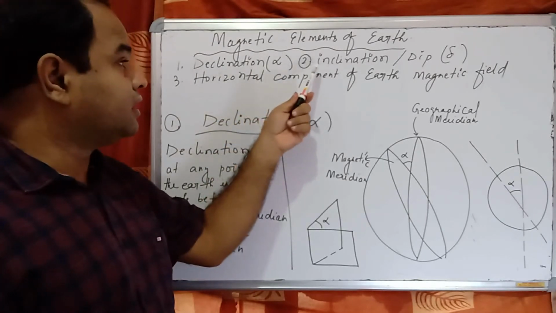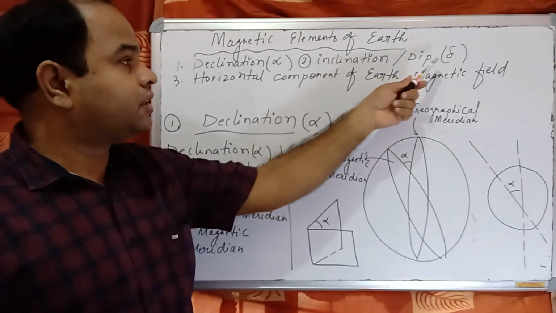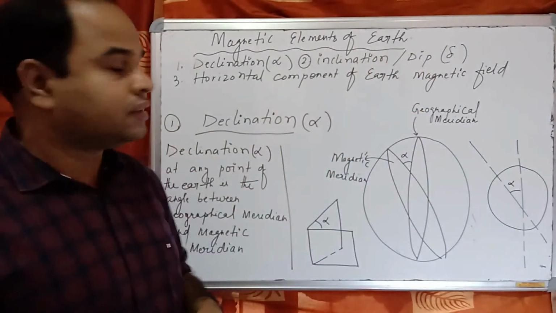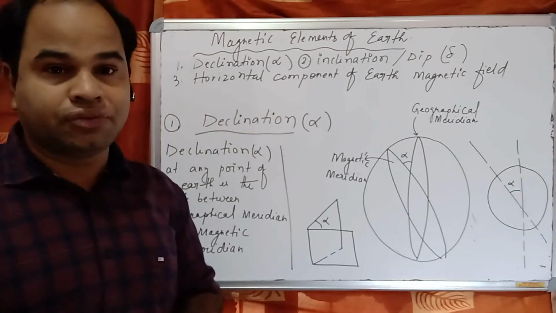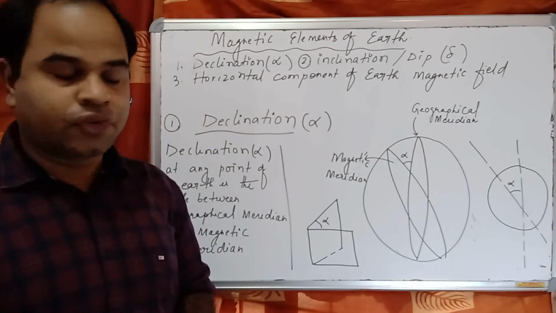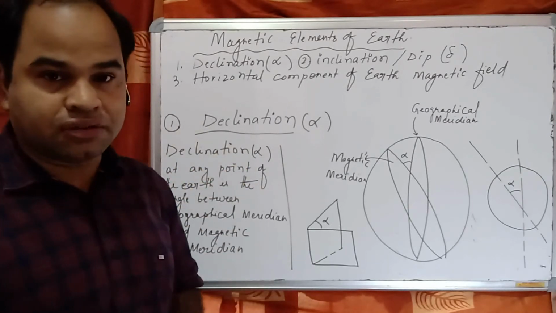Second is inclination, or dip, represented by delta. And third is the horizontal component of Earth's magnetic field. Okay? So first we will discuss what is declination, that is alpha.